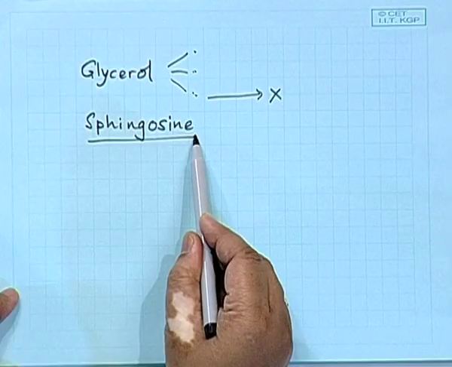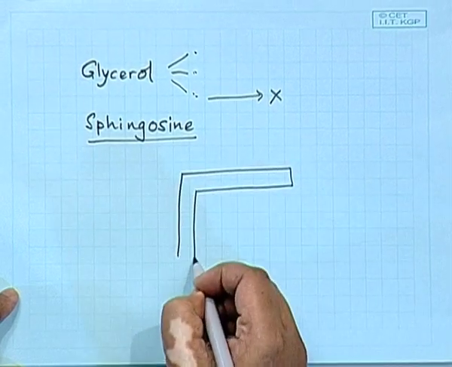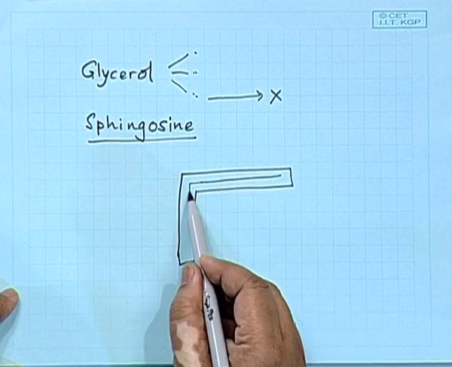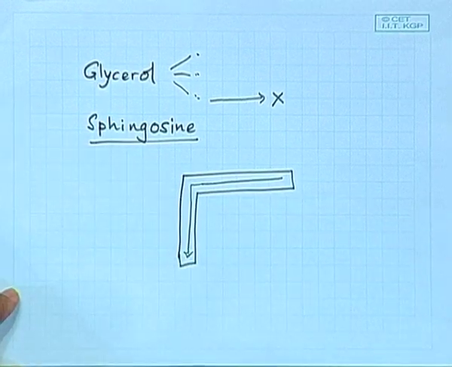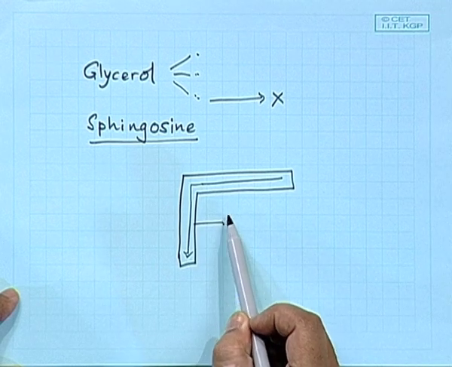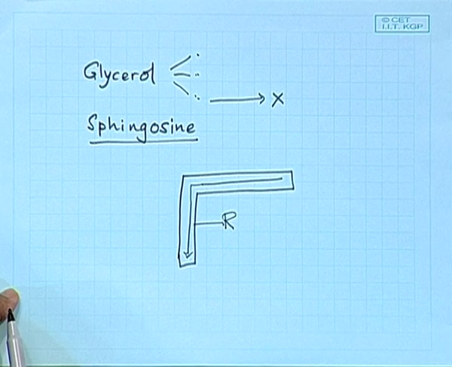In sphingosine, you have a different type of shape like that, because you have a long carbon chain in the structure of sphingosine itself. What you have here is a fatty acid attached, forming a ceramide.